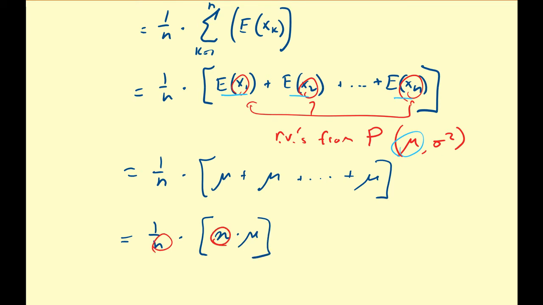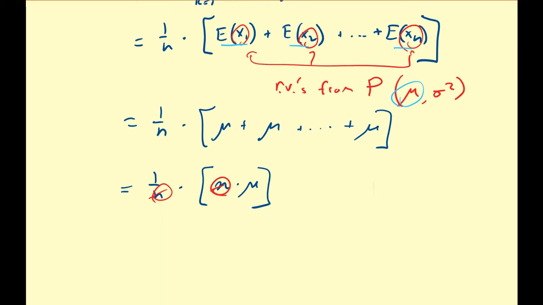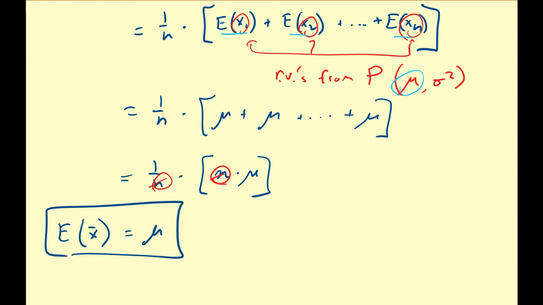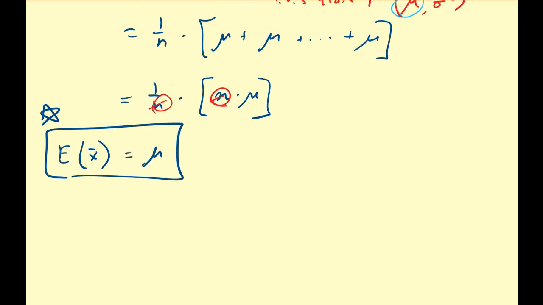Here you can see the n on the bottom and the n on top cancel, so I'm just left with mu. That means the expected value of the sample mean is equal to the mean of the population, which is extremely important. Some people will rewrite this instead as mu x bar is equal to mu.